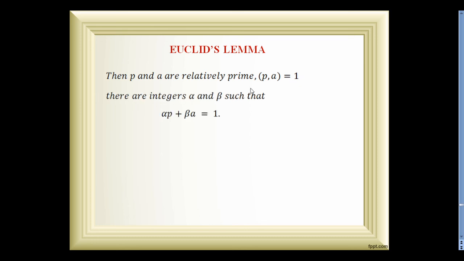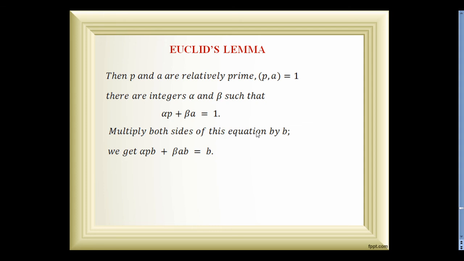If GCD of P comma A equal to 1, it means we can write it in a linear combination with alpha and beta. So there are integers alpha and beta such that alpha P plus beta A is equal to 1.